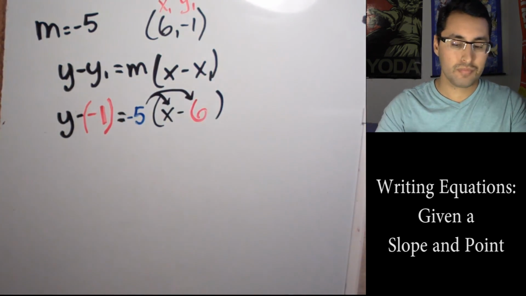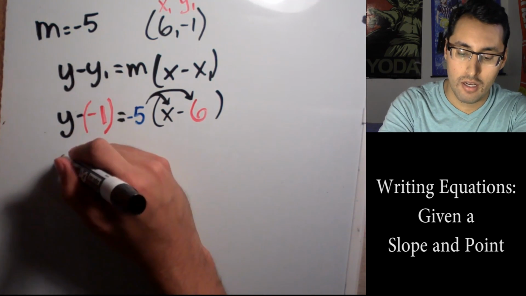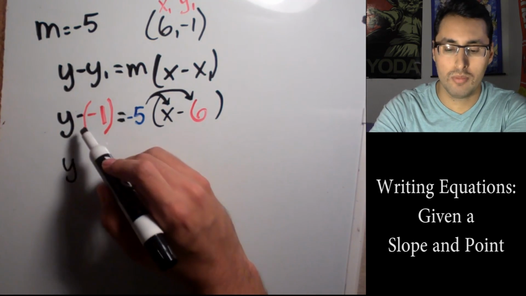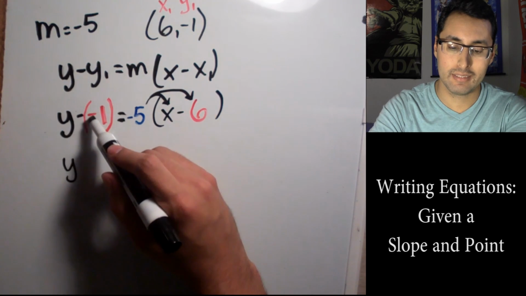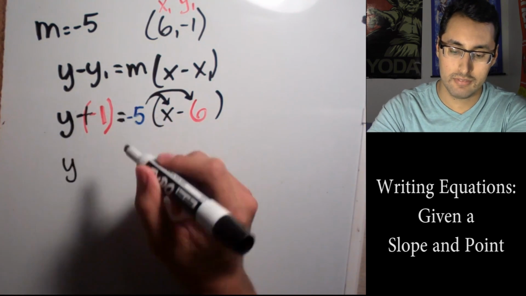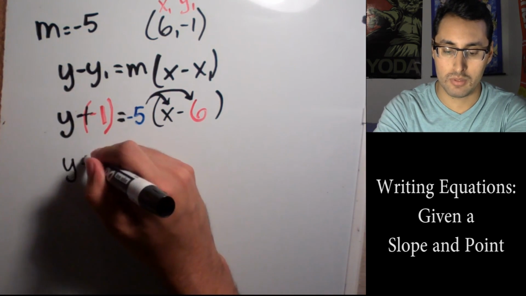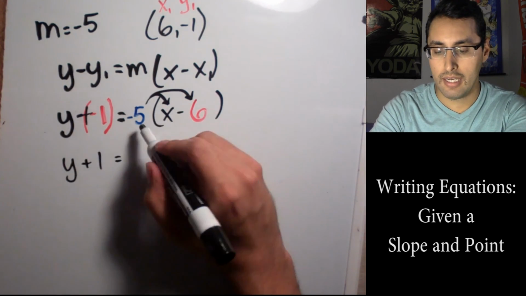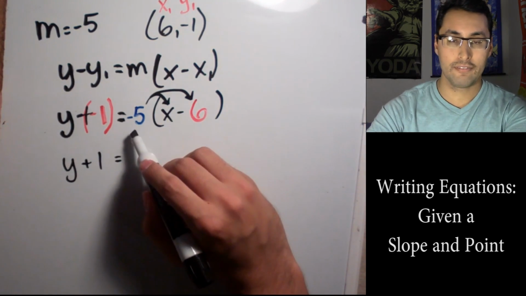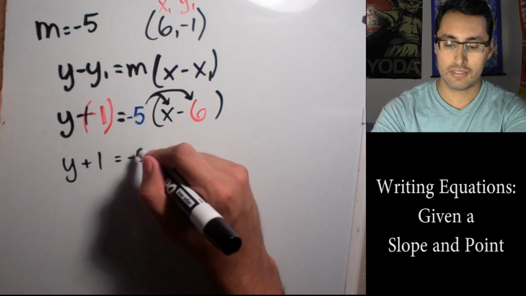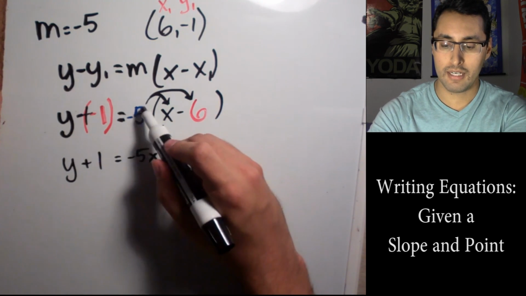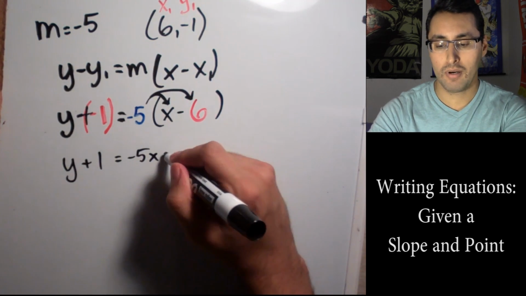So right over here, I'm going to rewrite the left-hand side. Y, well, I'm just going to simplify this. Minus is a positive, so I'm going to put y plus 1 equal to. And now we multiply. So negative 5 times x is a negative 5x. And negative 5 times a negative 6 is a positive 30.